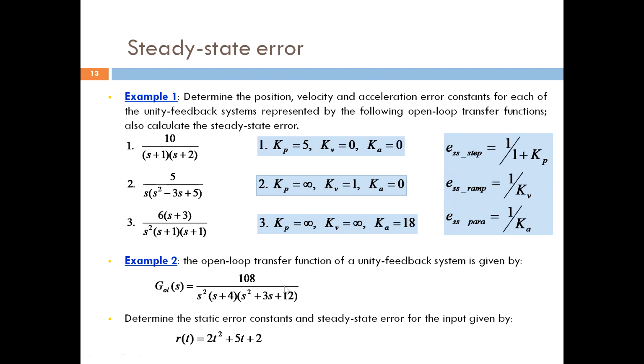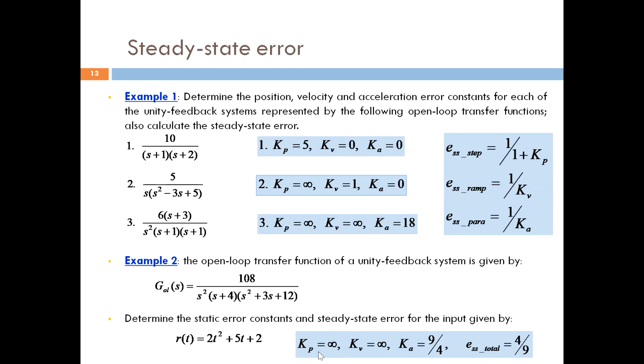One way that you can deal with this question, which would actually make the calculations easier, is to derive the error constant separately for each of the components of the input. And when you do that, this is what you will end up with.